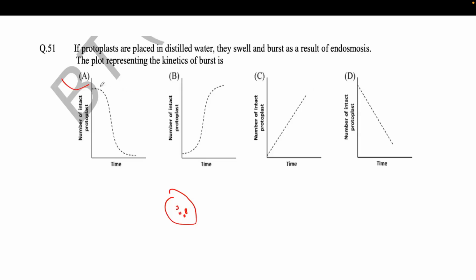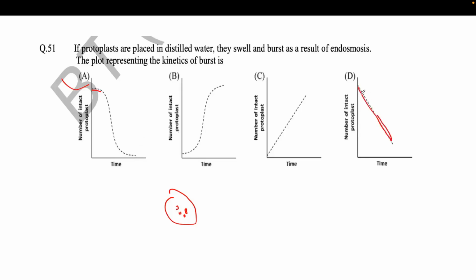After that, bursting occurs and the protoplast number decreases, and at a point the protoplast number will not decrease further, because there is only a particular number of cells. So the graph won't be like this type.